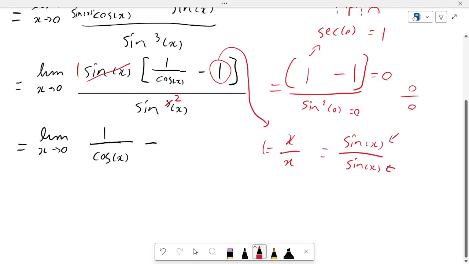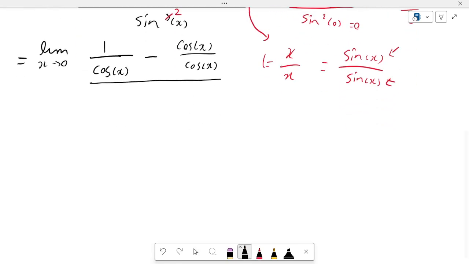And what we want to do is make this a single fraction. In order to do that, we can write 1 as cos of x over cos of x. And note now that we have two denominators that are exactly the same, so we can just combine them into one denominator.